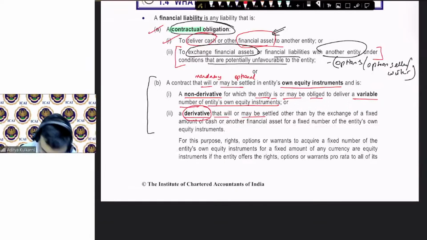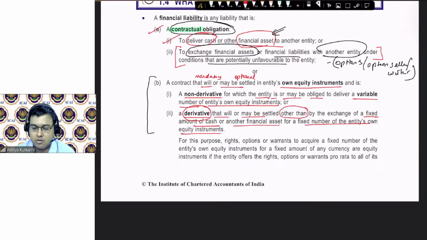Now look at the words: other than by exchange of fixed amount of cash or another financial asset for a fixed number of the entity's own equity instruments. So what it is saying is, a contract that will or may be settled in the startup's own shares and is a derivative that will or may be settled other than by exchange of a fixed amount of cash, 5 crores in our example, or another financial asset.